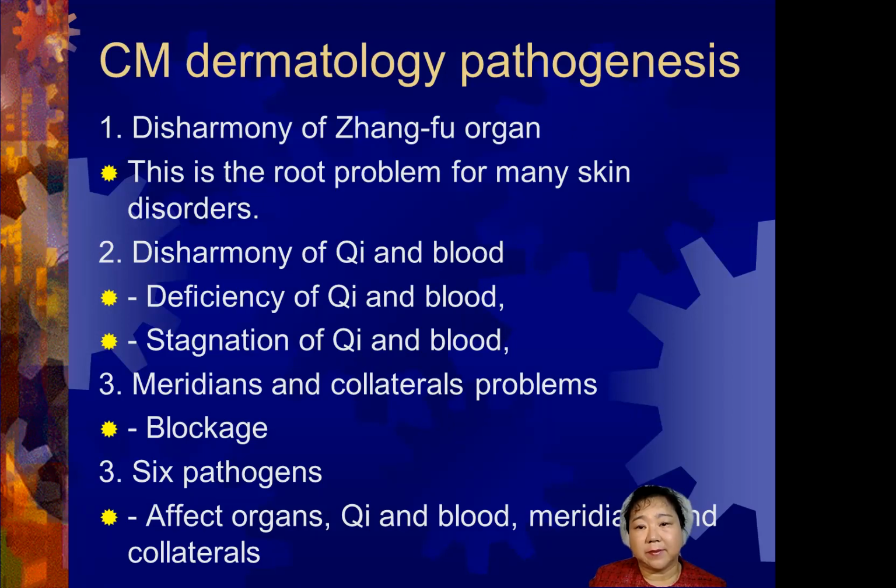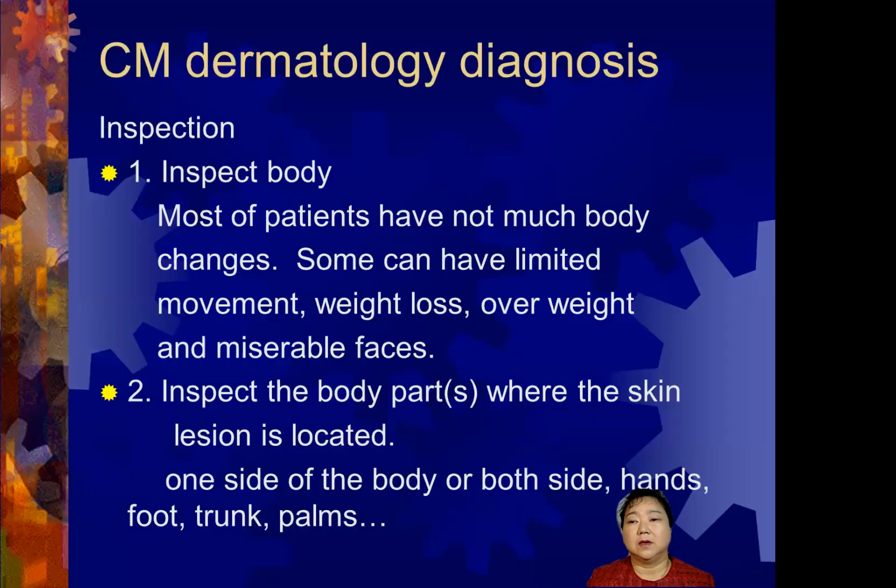We're not going to talk about this today. Now let's go to the inspection. When a patient walks in, you normally straight away start to look at this person, which means the inspection has already started. Most patients have not much body change. Some can have limited movement, weight loss, overweight, and miserable faces.